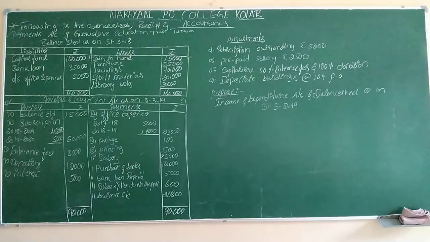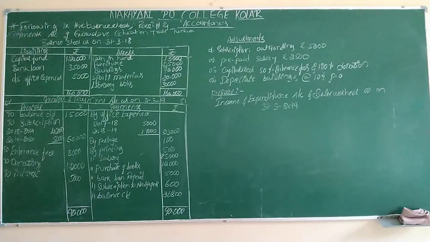Next, number 2, prepaid salary. Here, since it is prepaid, we should deduct it from the expenditure, and again record it on the asset side of the balance sheet.